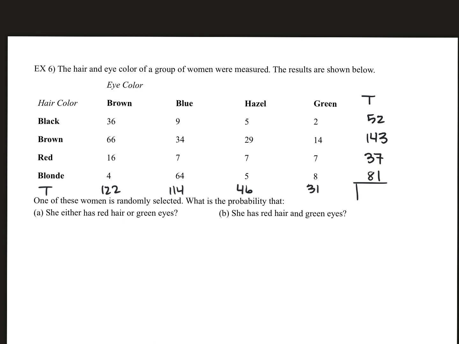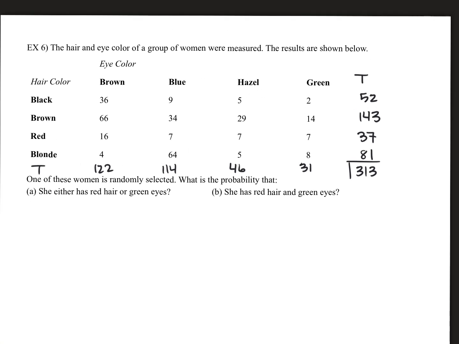So this number in this last box, the total in the far bottom right corner, should match going down and going across. So 52 plus 143 plus 37 plus 81 is 313. So I should get the same total from the eye color. So 122 plus 114 plus 46 plus 31. And I do. So I know that I've added my totals correctly. So now I'm going to go ahead and find my two probabilities.